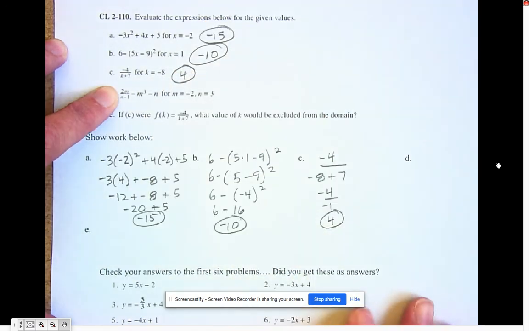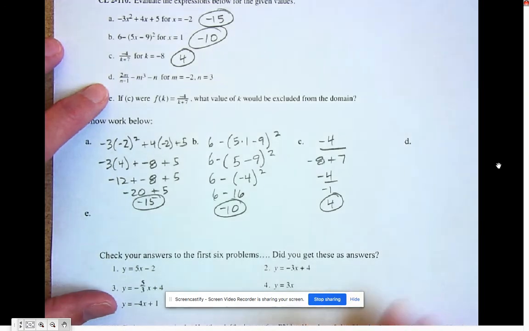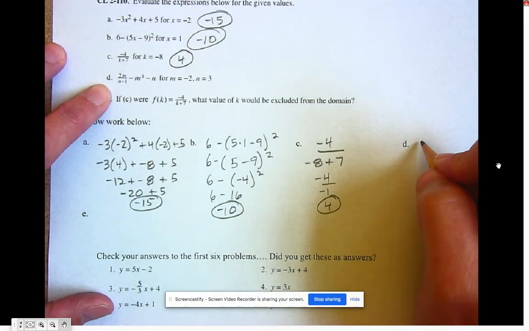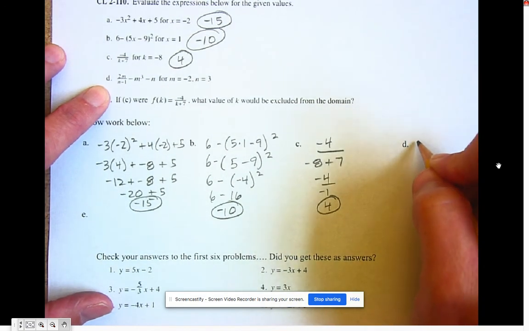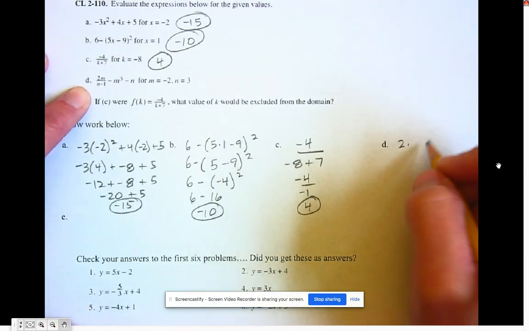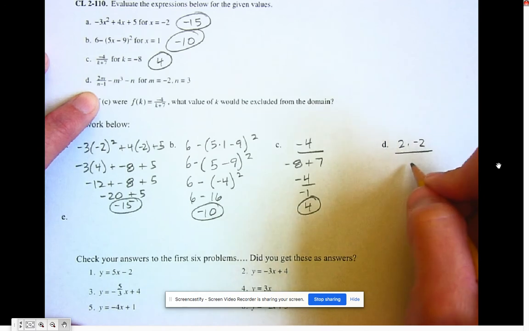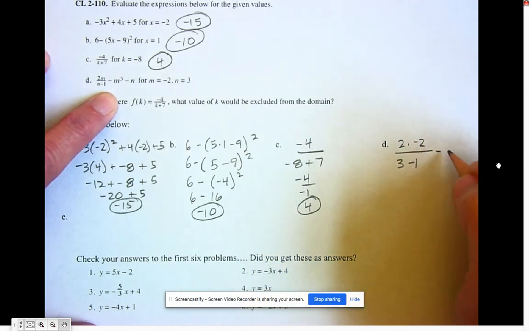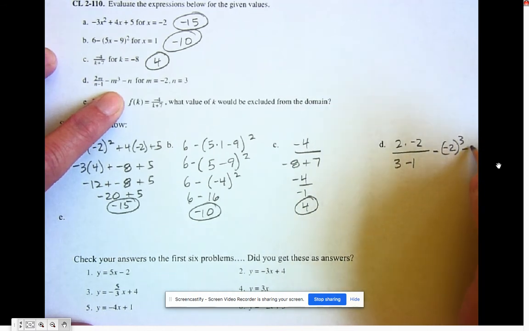Okay. And let's see, d, I've got 2m over n, so 2 times negative 2 over 2, minus m cubed, so negative 2 cubed, minus n.